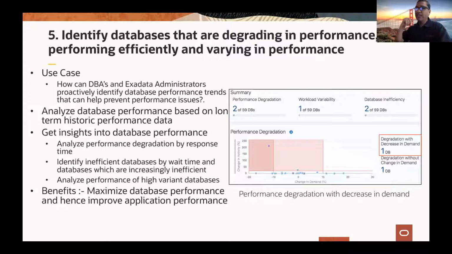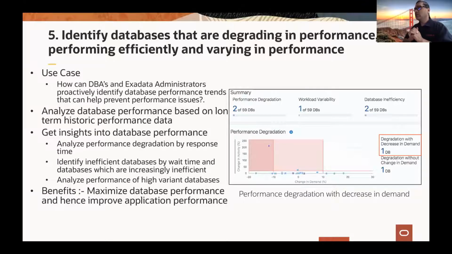So how can I keep an eye on those kind of scenarios in an automated way across my fleet of databases? We do have a database performance analytics app that does that based on a linear regression of activity and response time. It goes and does a linear regression and identifies databases that are degrading over a period of time.